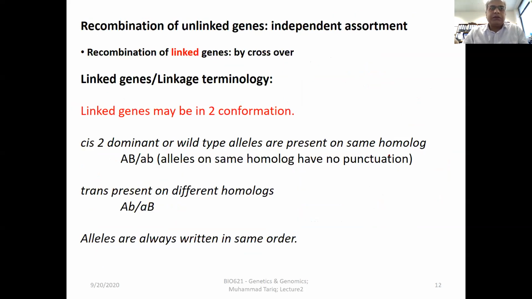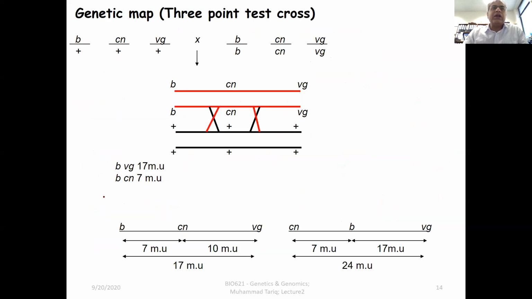Now, last time we also talked about cis and trans, so I'm not going to go into detail on what these are. Today we are going to talk about the 3-point test cross. Last time somebody asked me: what will happen if we have 3 genes?